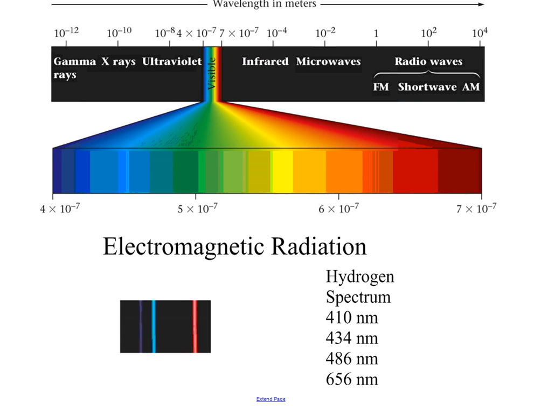Now, if we look at where the visible region falls in the larger spectrum of electromagnetic radiation, it is just a very narrow part. If we go higher in energy than the blue, we have ultraviolet, then X-rays and gamma rays. If we go lower in energy than the red, we get to infrared, microwaves, radio waves, and FM and AM carrier waves.